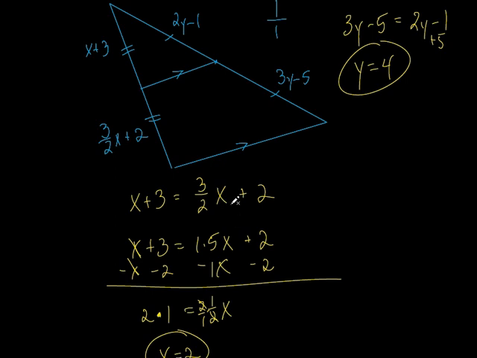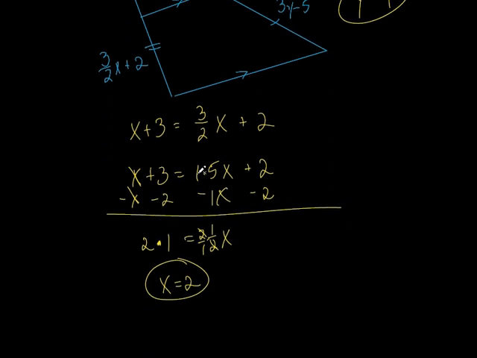For x? Well, 1/2 x is 0.5. Like 1.5x minus 1x is 0.5x, right? So you would get 1 equals 0.5x, right?